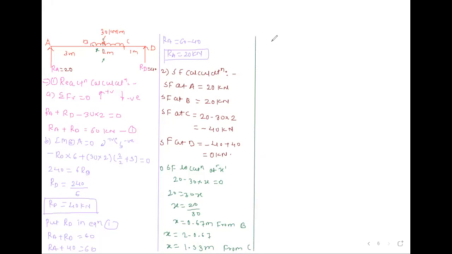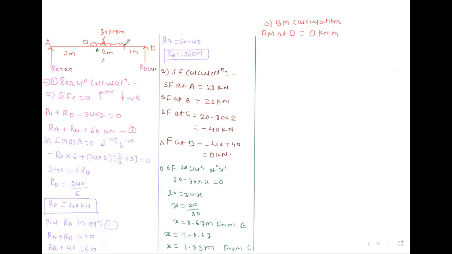We will do calculations here for bending moment. Next step is step number 3, bending moment calculations. So bending moment at D, we will start from this D. Bending moment at D is equal to 0, because the force is there but the perpendicular distance is not there.